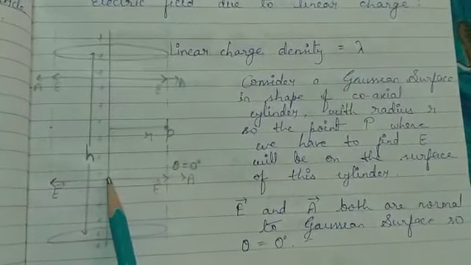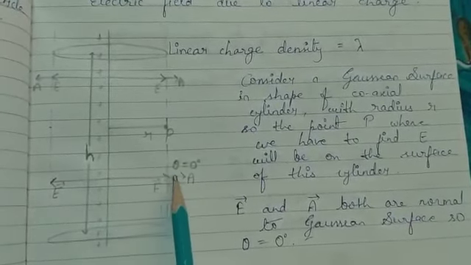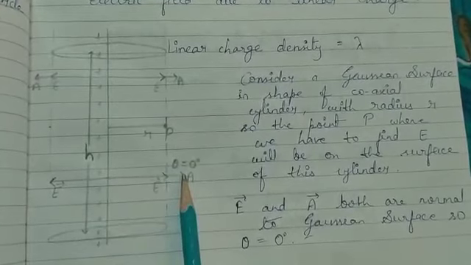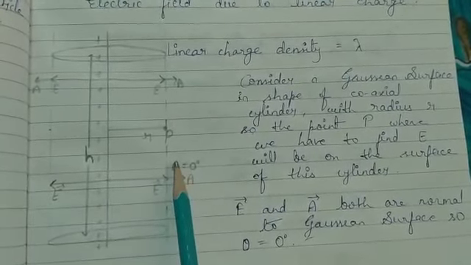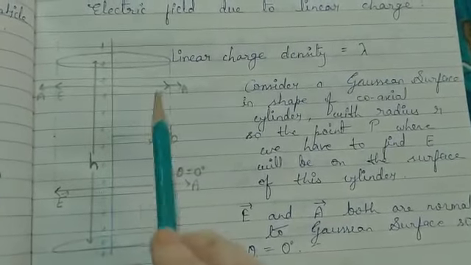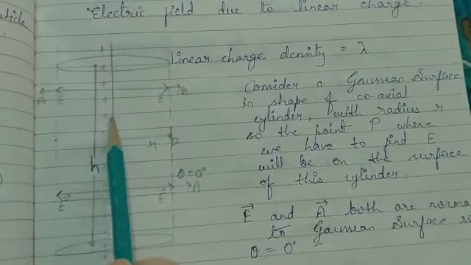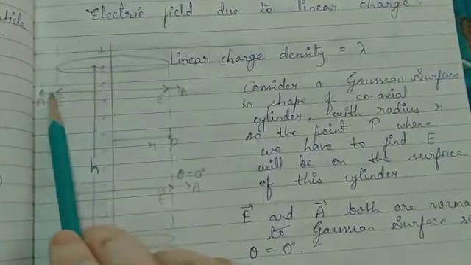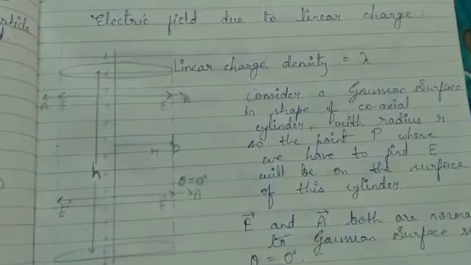Here you see, this is the direction of the electric field and this is the direction of the area. So what is the angle between area and E? It is 0 degree. In this curved surface, everywhere this is the direction of the electric field and this is the direction of A, so everywhere the value of theta is 0.